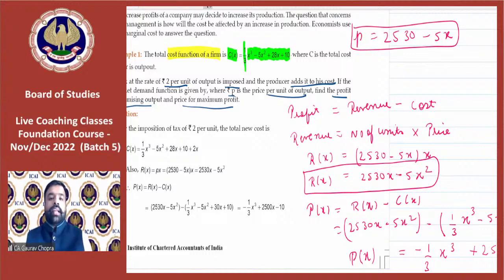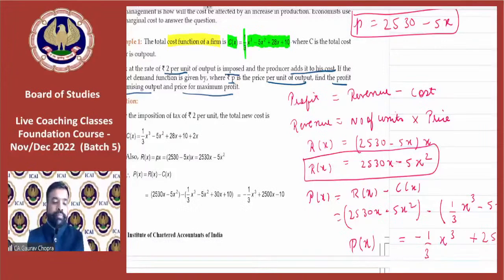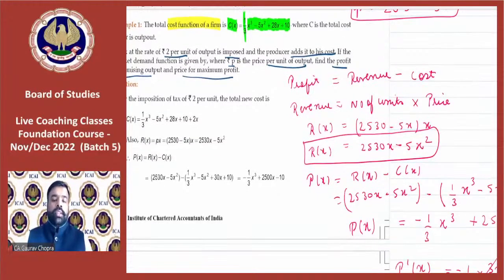So overall, let us just redo this question once quickly. The first thing given in the question was the cost function. Secondly, the question has also given us the price, and we have taken the number of units as x.